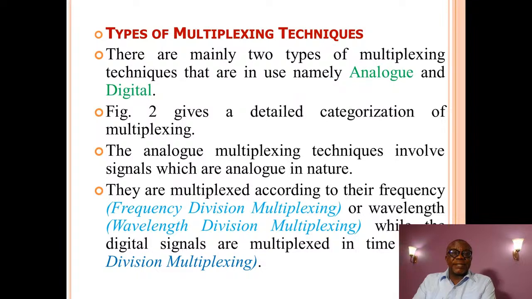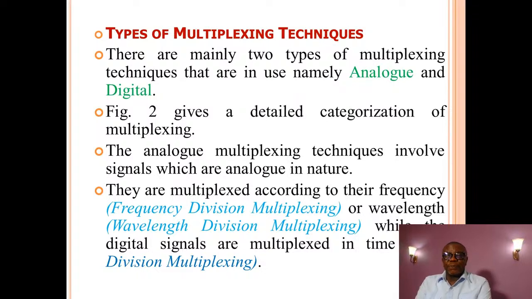So what are the types of multiplexing techniques available to us? We say that there are mainly two types of multiplexing techniques that are in use. And that is, it can come in form of analog or in form of digital. Fig 2 we'll be seeing gives a detailed categorization of multiplexing.